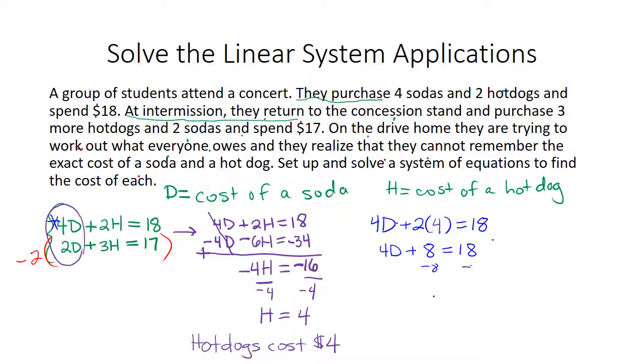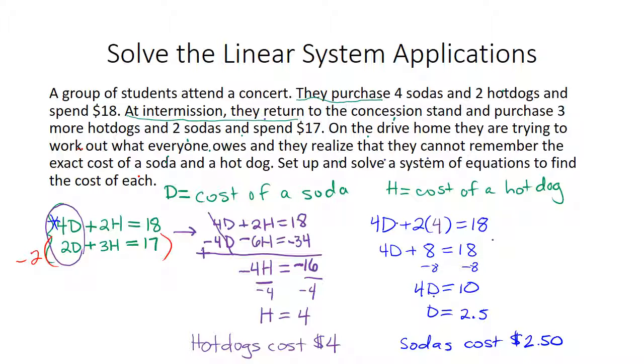Subtract 8 from both sides, and we get 4D equals 10. So D is equal to 10 divided by 4. And since this is money, we don't want to leave it as a fraction. We would want to write what 10 divided by 4 is as a decimal, and that works out to be 2.5. And remember, D is the cost of a soda, so that means that sodas cost $2.50 each.